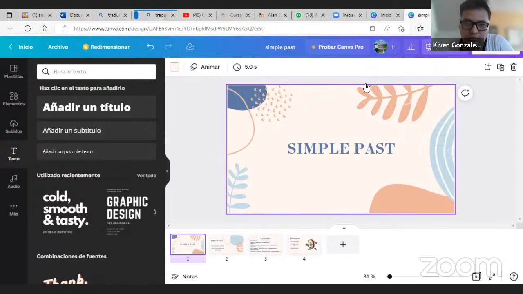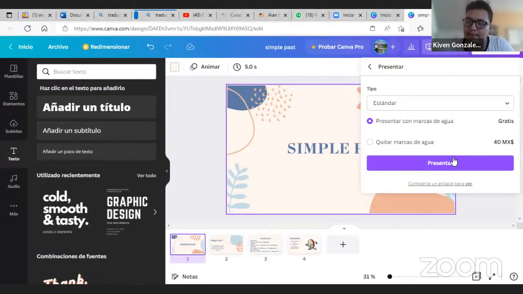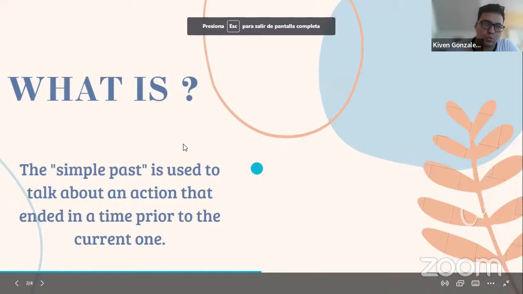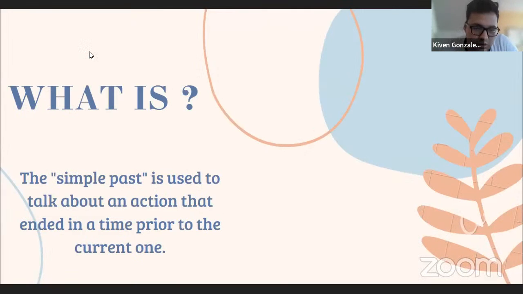So the simple past is used to talk about an action that ended in a time period before the current one.